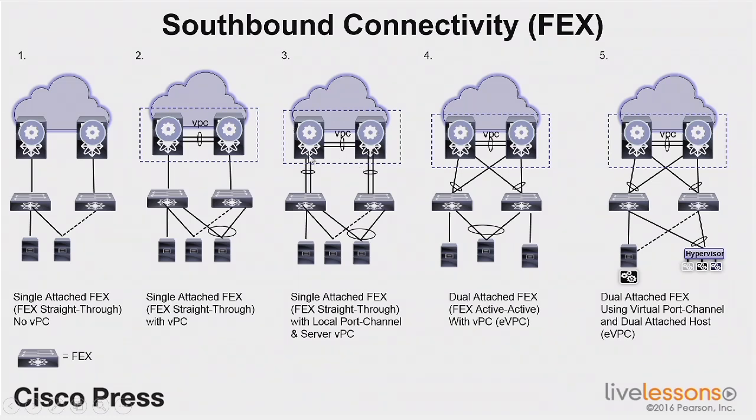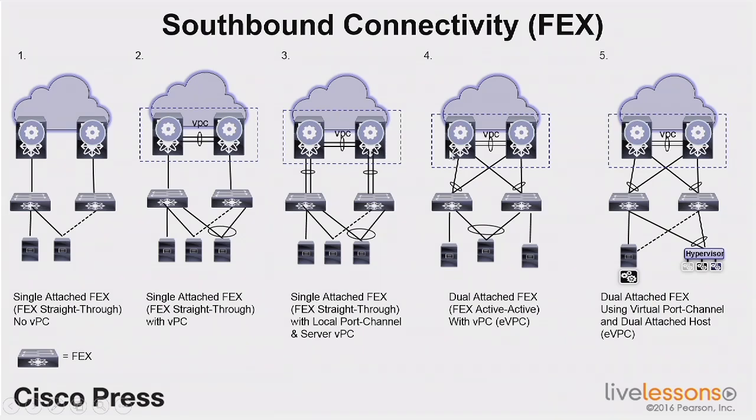I'm still running virtual port channels on each leaf pair and or top of rack switch, and my hosts are connected in the exact same fashion as far as connectivity options, as well as option 2. Single attached servers, active standby servers, as well as servers with LACP and VPCs running here on the parent switch.